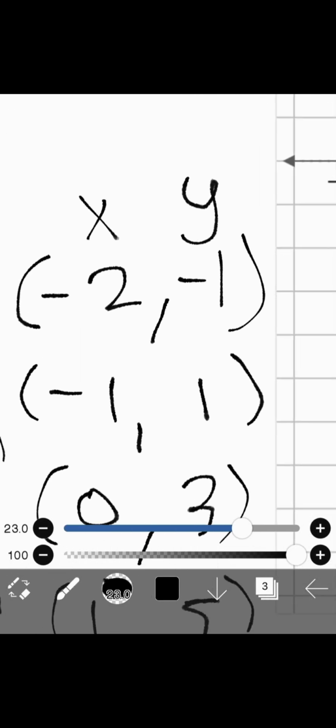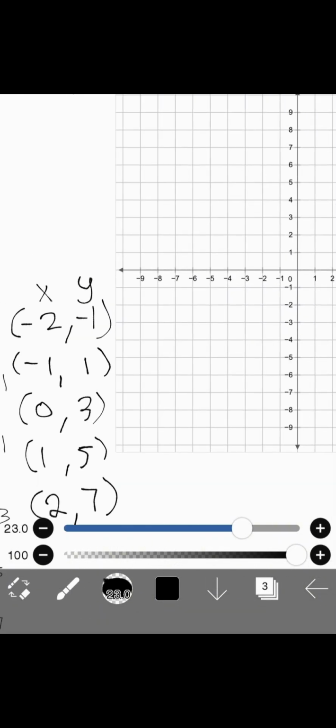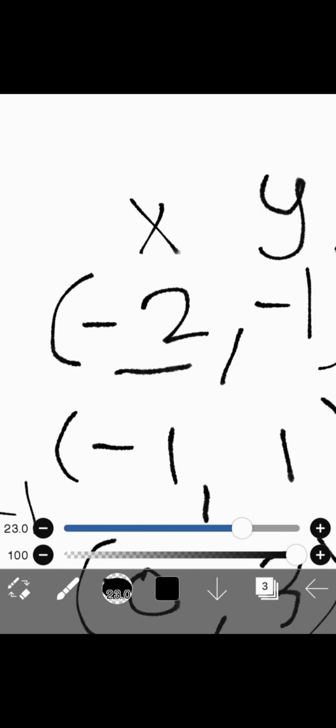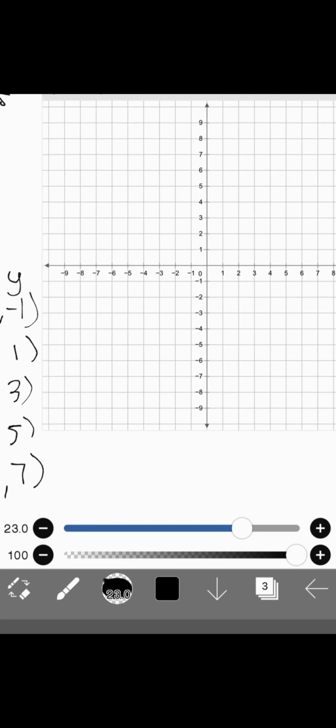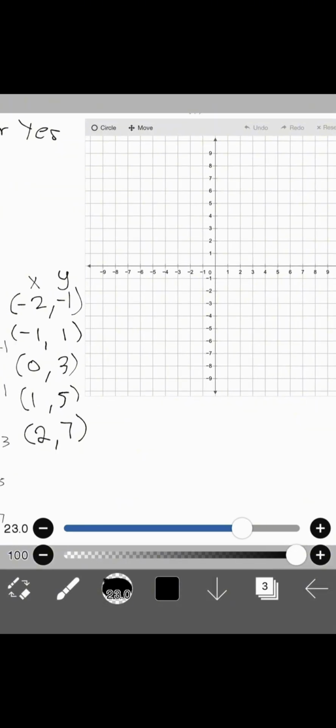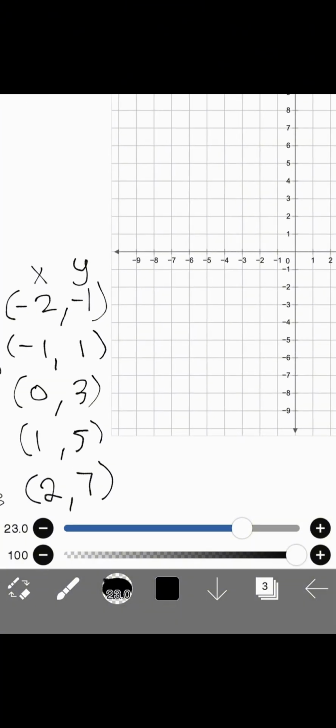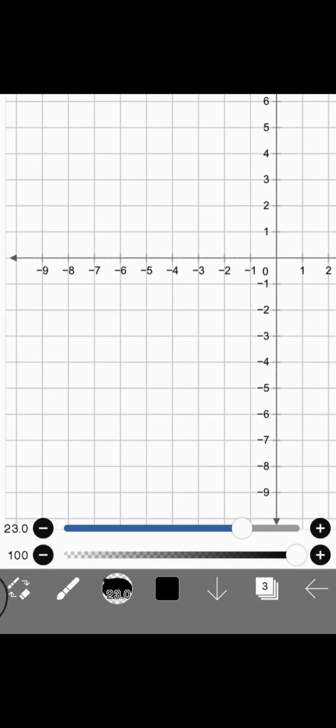So we start with negative 2 and negative 1. Negative 2 is the x, where y is negative 1. In our graph, the x-axis is the horizontal line, whereas the y-axis is the vertical line. So we say negative 2 and negative 1.